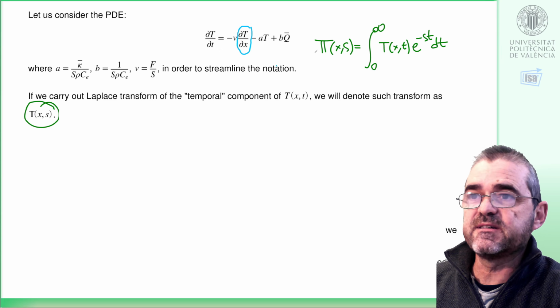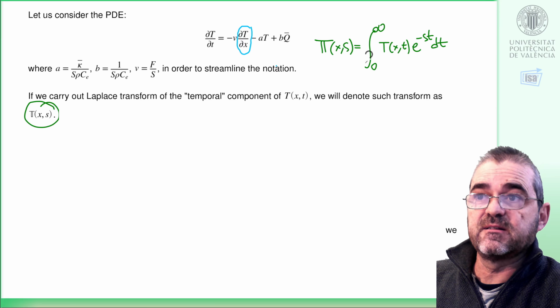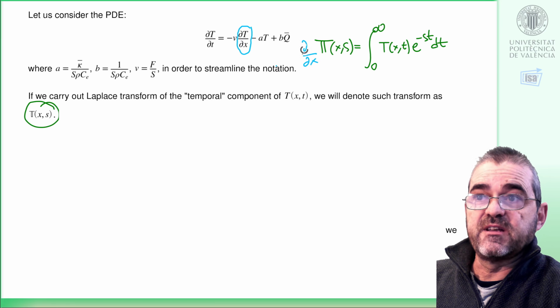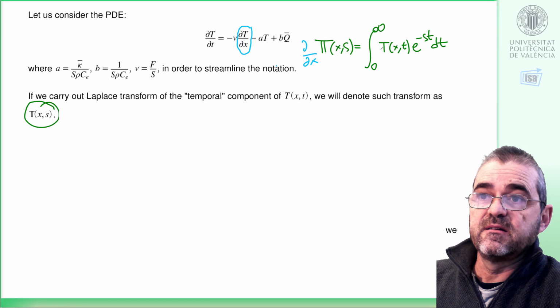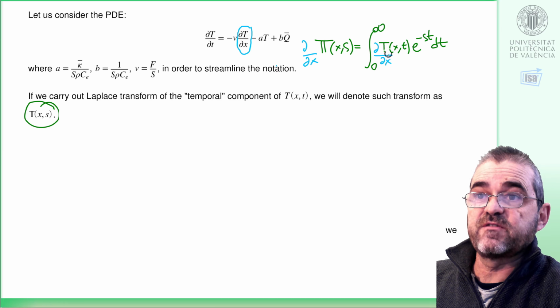Well, fortunately, as x does not take any part in this integral, we can easily realize that if we take partial derivatives with respect to x in here, this amounts to just taking partial derivatives of this function of x inside the integral.